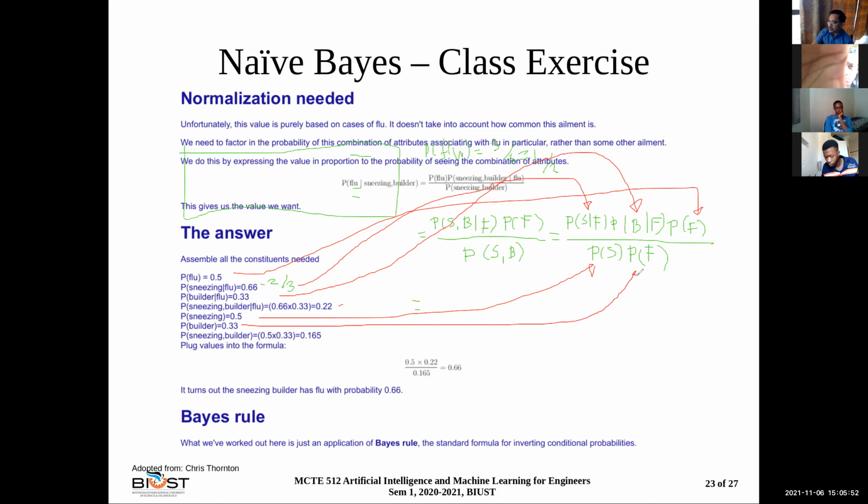We can do this because the features are independent of each other, so this equation is equivalent to this. That's why these two are being multiplied.